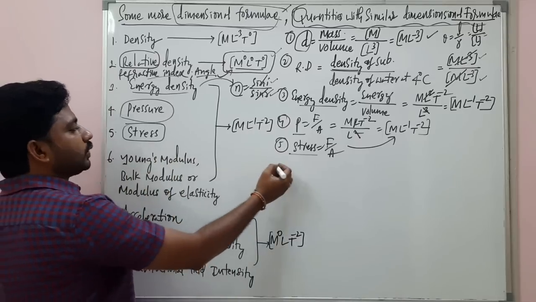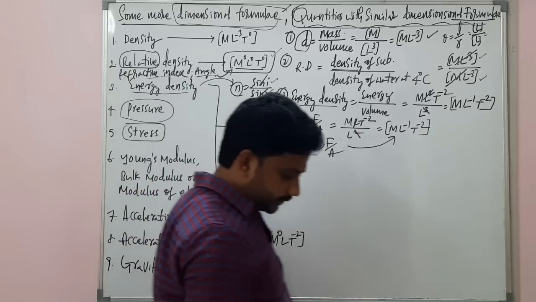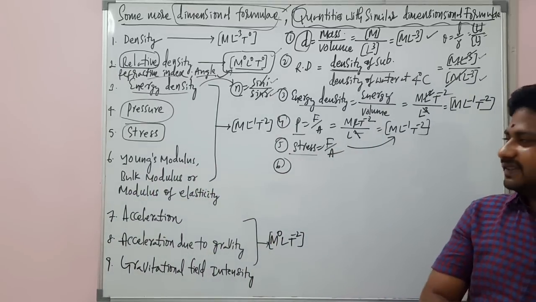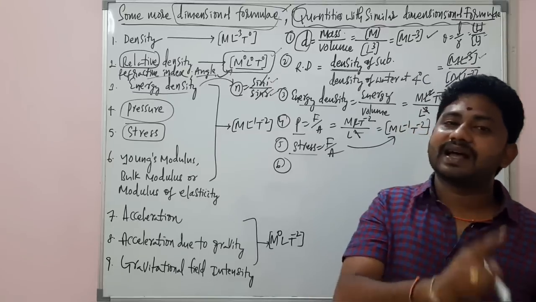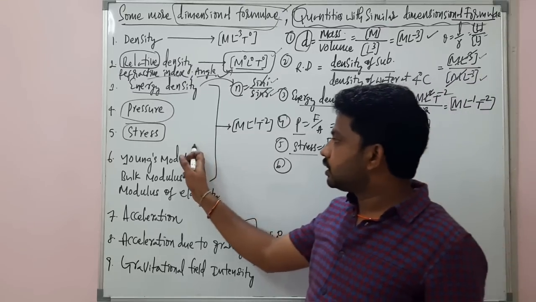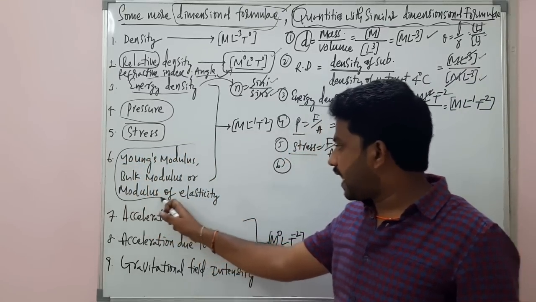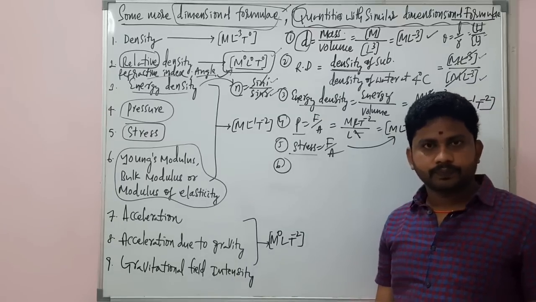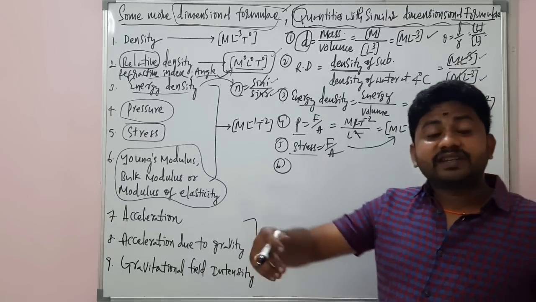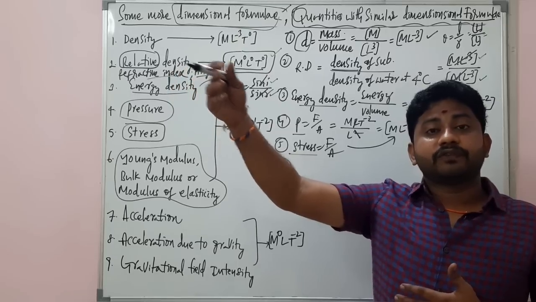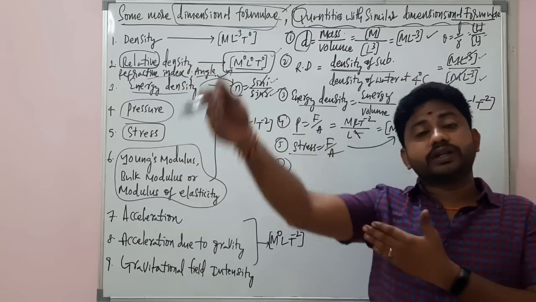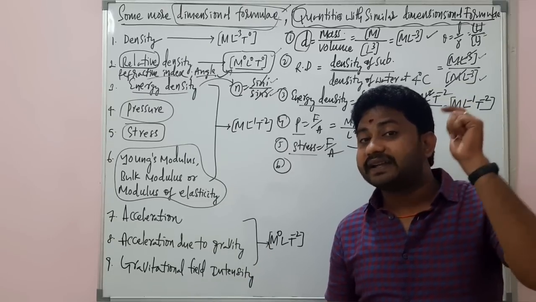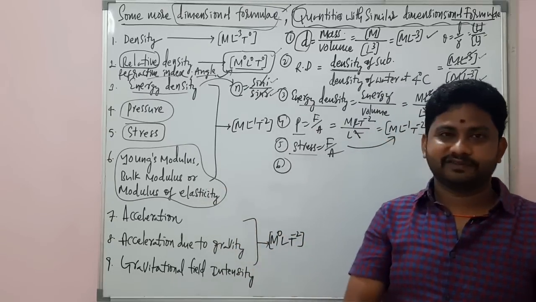And the sixth physical quantity you see here. In 99% of the cases, if a question is asked from the dimensional formula, the question will be asked from this area. Even in some competitive exams, I'm talking about job-oriented competitive exams, basic science questions will be asked, and this is the most important question there.